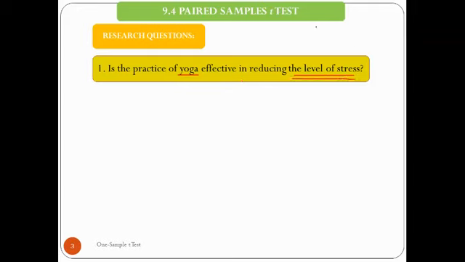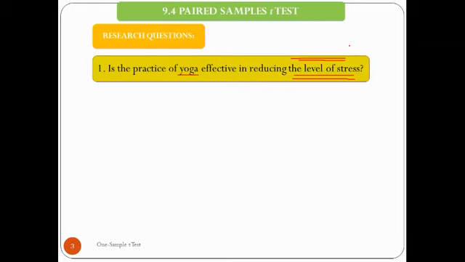data from them. So embedded in this research question are some concepts. And the first concept is the researcher collects the data from the same group of subjects, and the researcher collects the data from that group of subjects twice on this dependent variable.